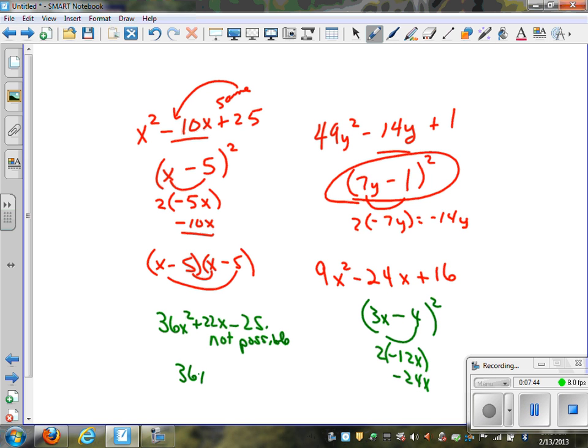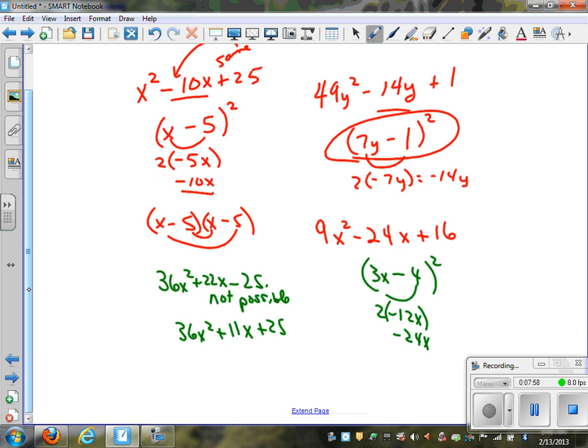So what if we switch that to this? How does that work? Try that. 36x squared plus 11x plus 25.